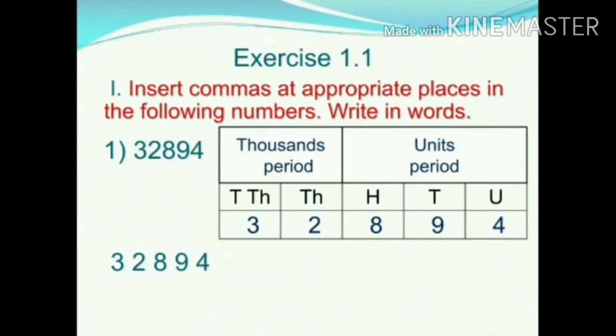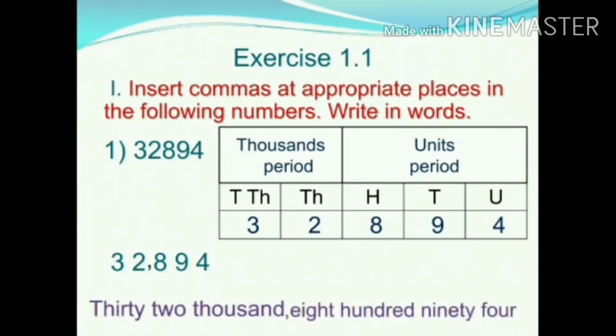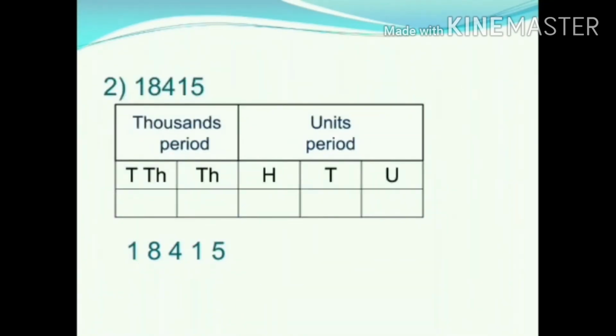This means the first comma is put after the hundreds digit. In the hundreds place we have 8. So we will put a comma after 8. Now read this number: 32,894.